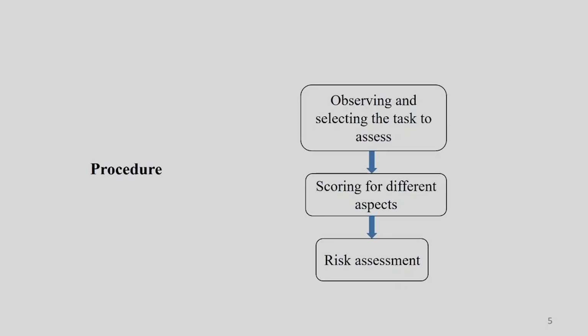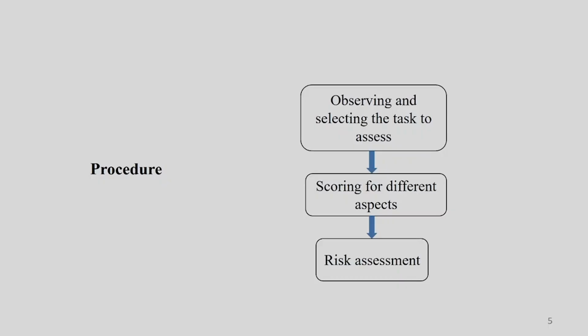Now, once you select that particular posture, you have to understand which task is associated with it, because when you are holding a particular posture, definitely you are connected with a particular task. So first is your observation and second is selecting which task or which posture you are going to analyze.